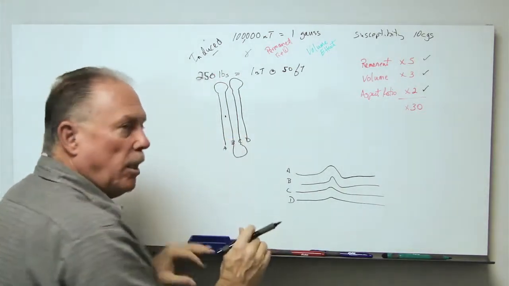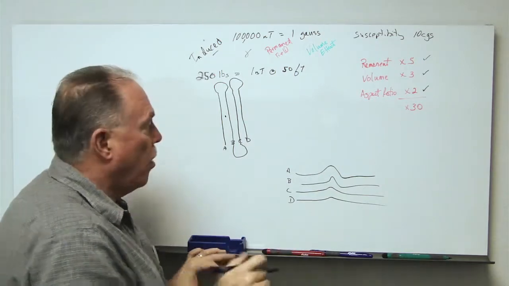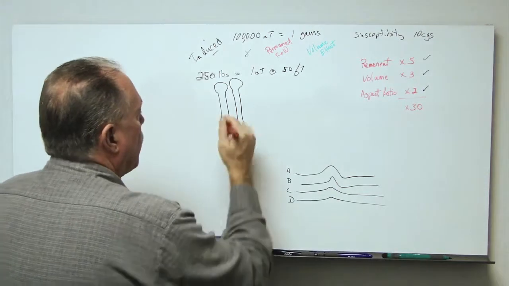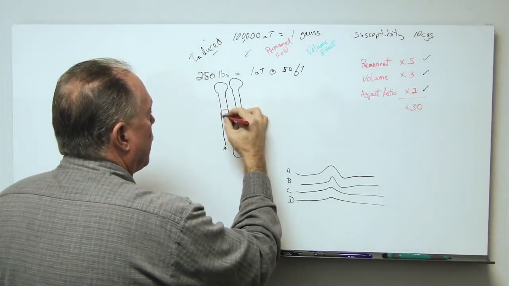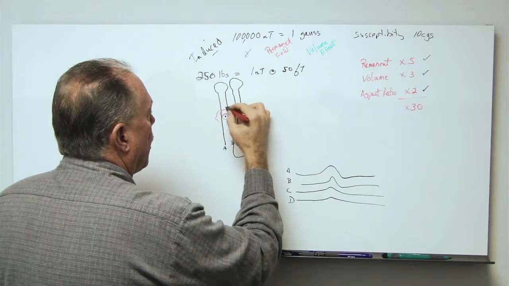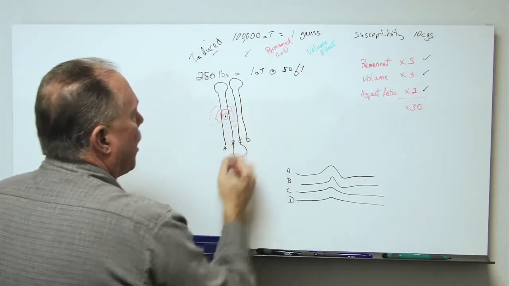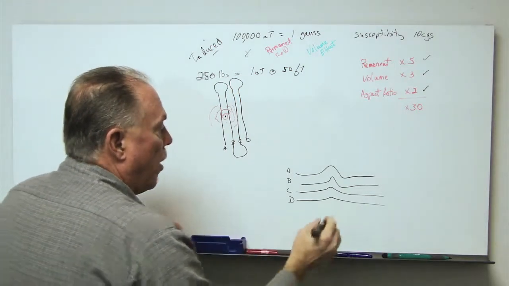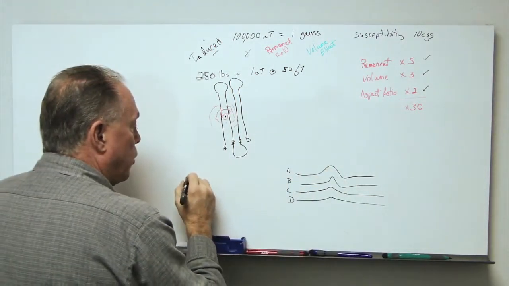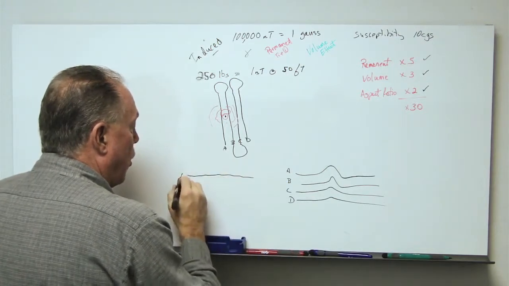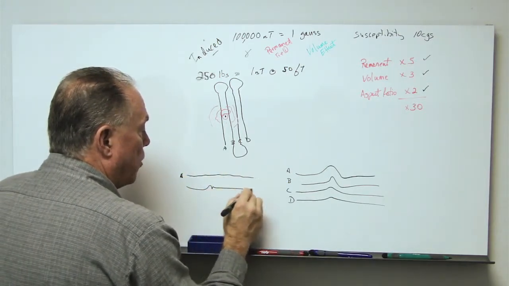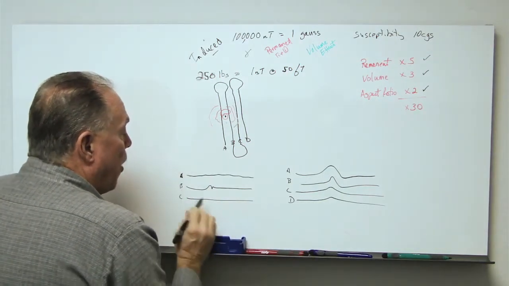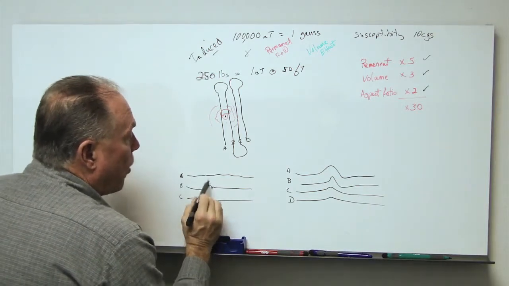If we cannot see it from both lines, when we end up making a contour map, which would look something like this, if the object is too small to be seen from both lines, we would have a situation like this where we wouldn't see it very much at all on A, and then on B we would see it, it's a very small thing, and then we don't see very much on C. Then we really don't know where it is.